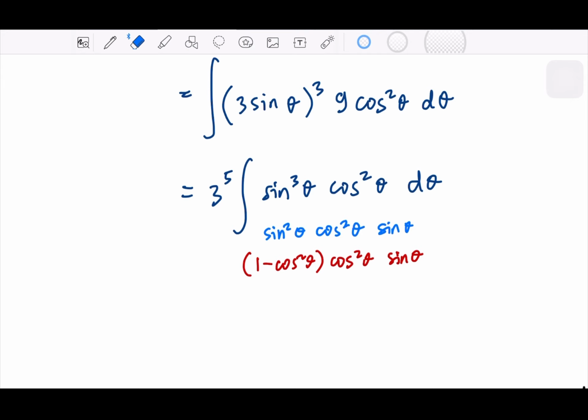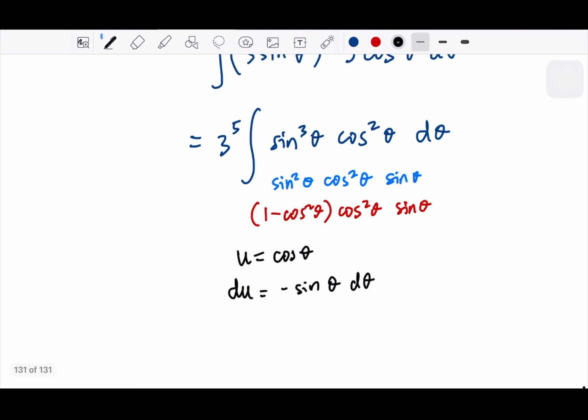Okay, so take this, and we take the substitution u is cosine theta, because when we differentiate, this will be a negative sign, which we can cancel with this other sign.